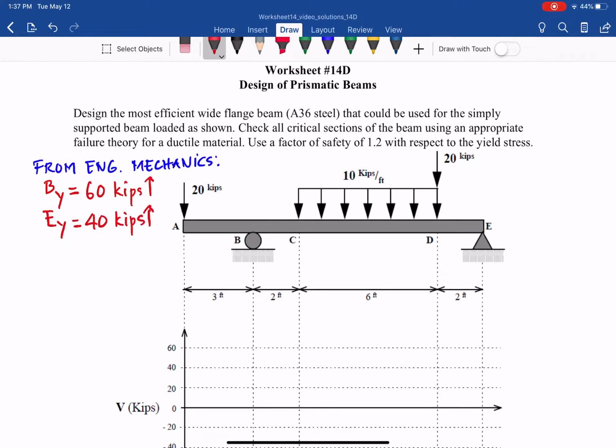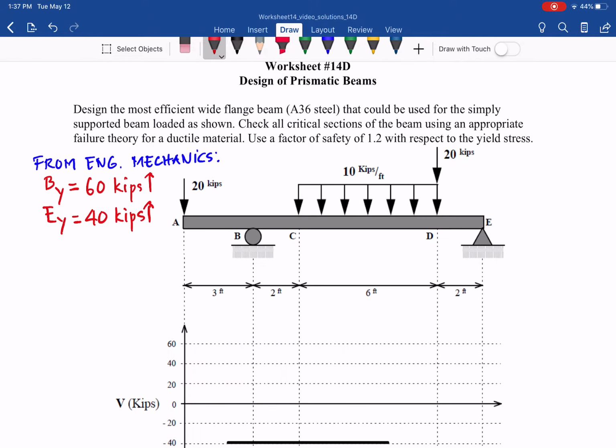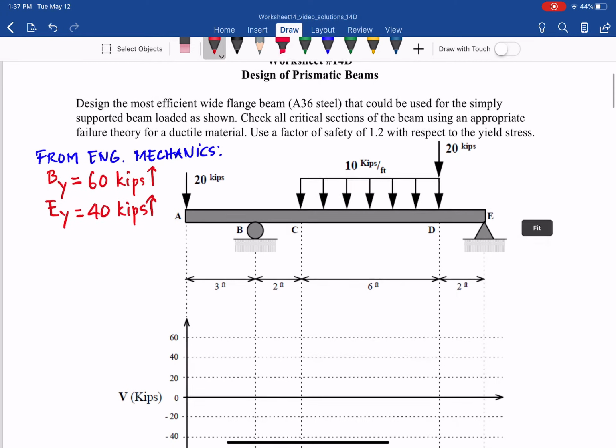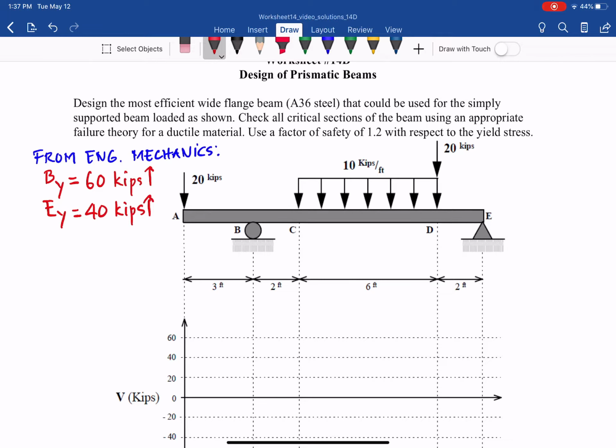So take the free body diagram for the beam. From that we can put the support reactions at B, which is BY 60 kips, and EY, which is 40 kips.